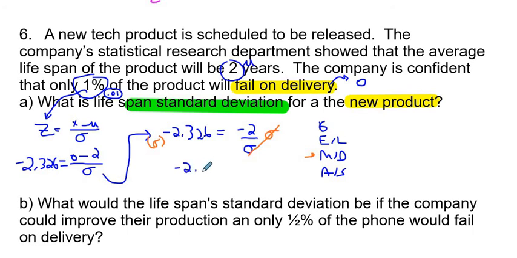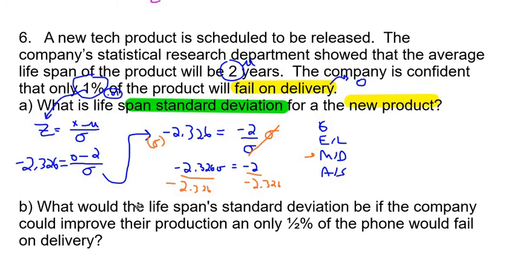So we have negative 2.326 sigma is equal to negative 2, and so then you would simply divide by negative 2.326 on both sides, giving you what the question actually asked. And so that would give us a sigma value. I'll have to type it in the calculator.